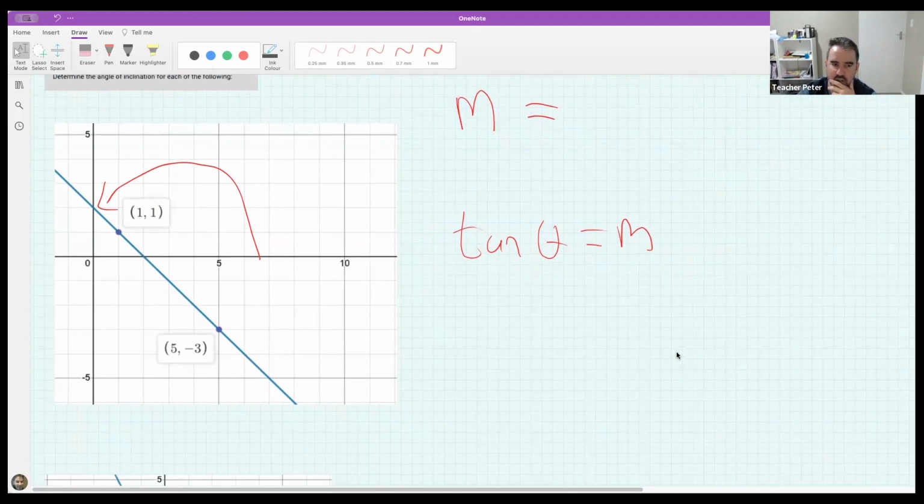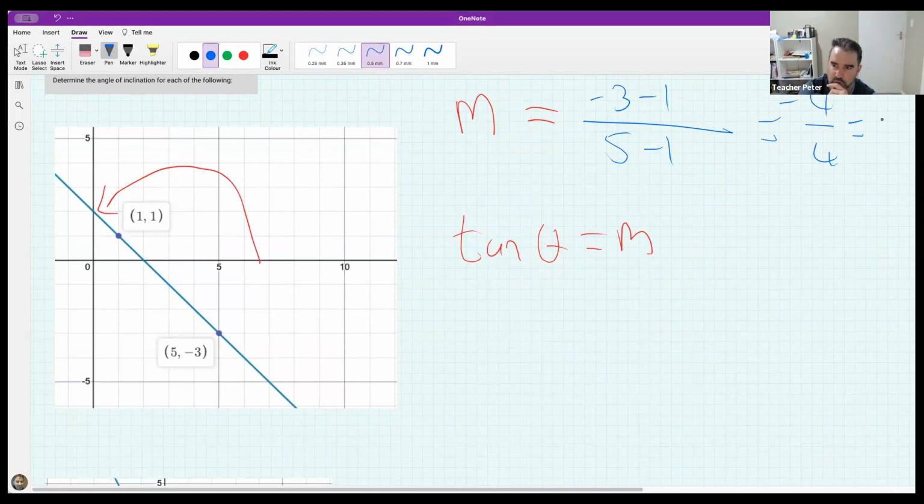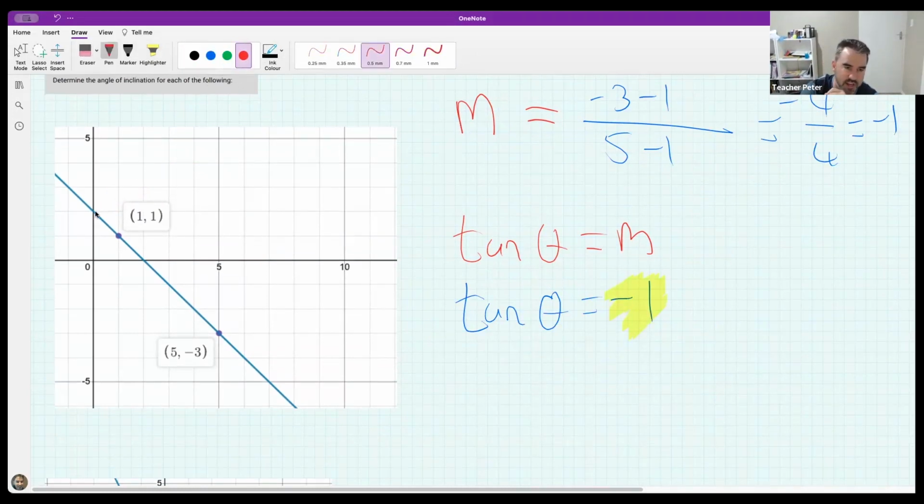What is the gradient of this? So we go -3 minus 1 over 5 minus 1, which is -4 over 4, which is -1. Now I have this formula, but I need to be careful because I've got a negative gradient, which means there are two possible angles being formed between the straight line and the x-axis.